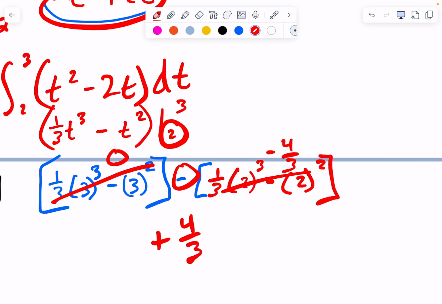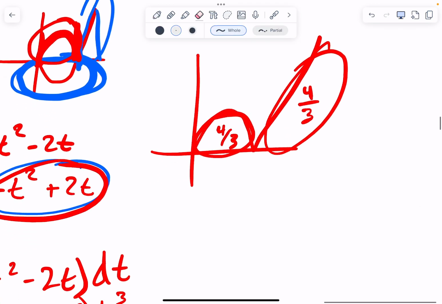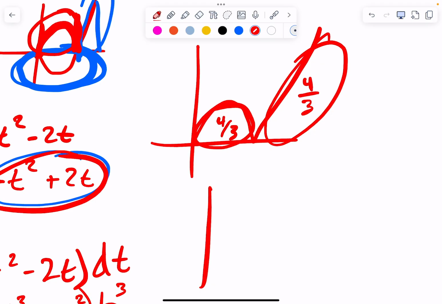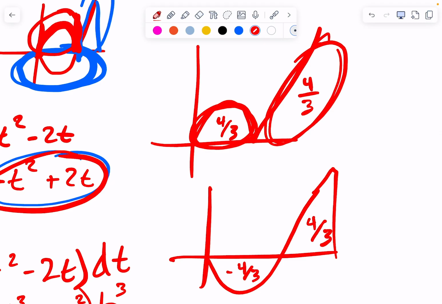And that should be right, because before, what was happening was we were doing displacement, right? And displacement is taking into consideration this and this. This was negative 4/3 and this was positive 4/3 to cancel out to have a displacement of 0. Now they're making this a positive 4/3 and a positive 4/3.